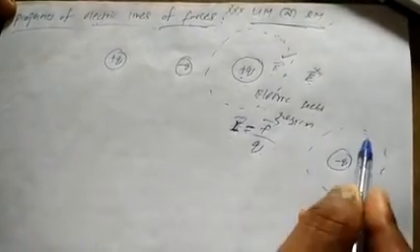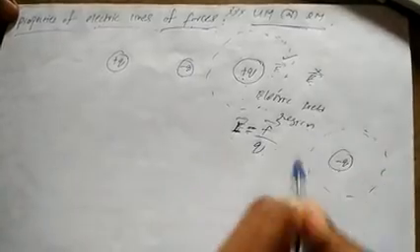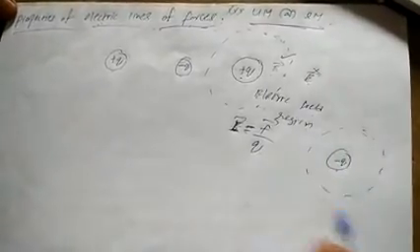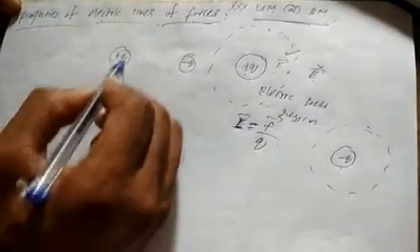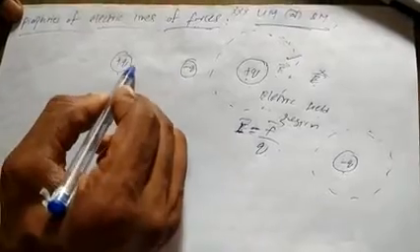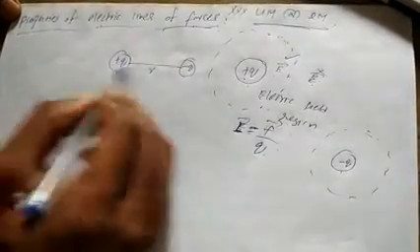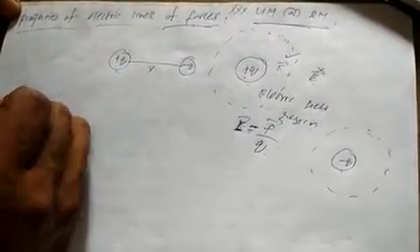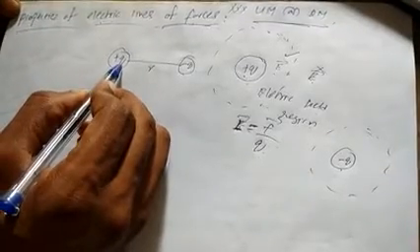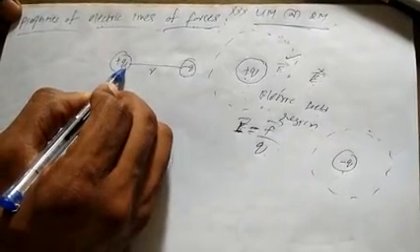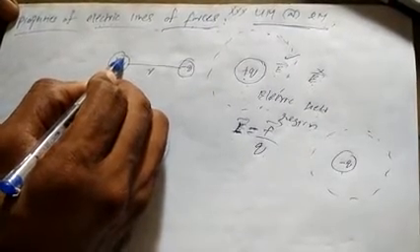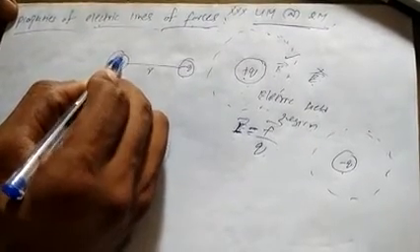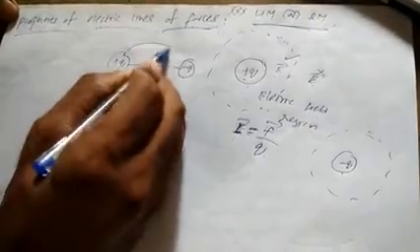Here we have taken two charges kept at a distance small r. Now, this electric field will start from the positive charge and end towards the negative charge.